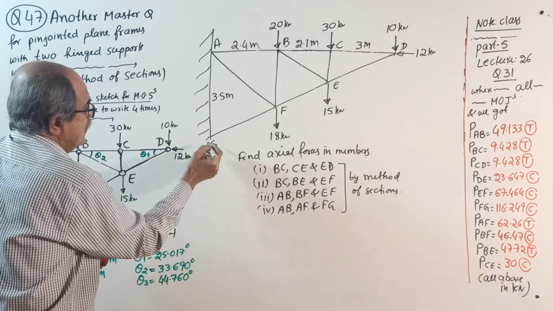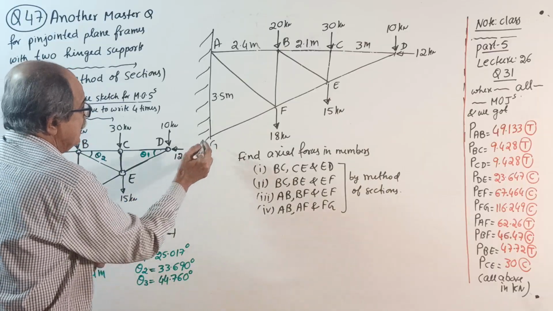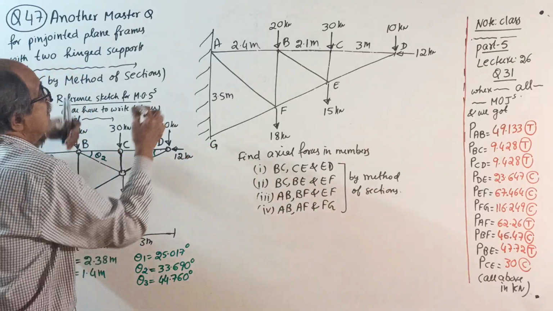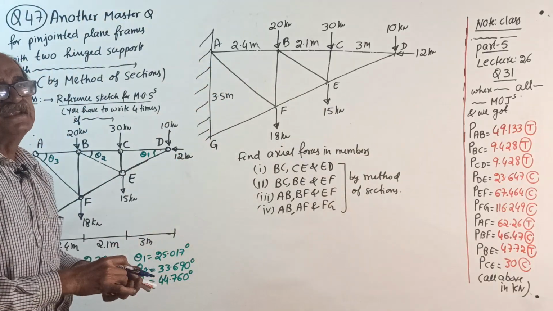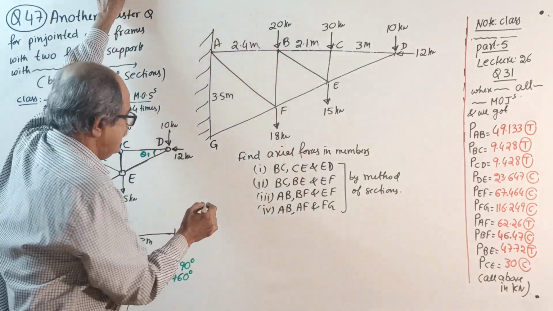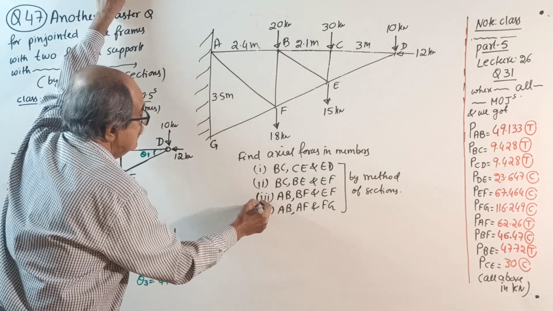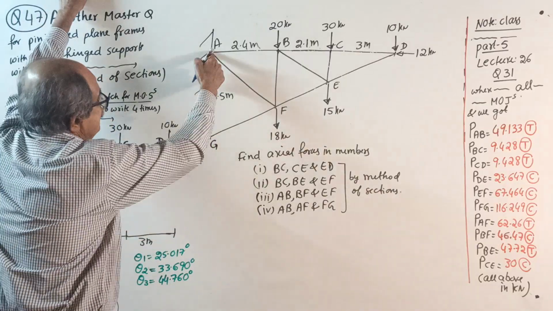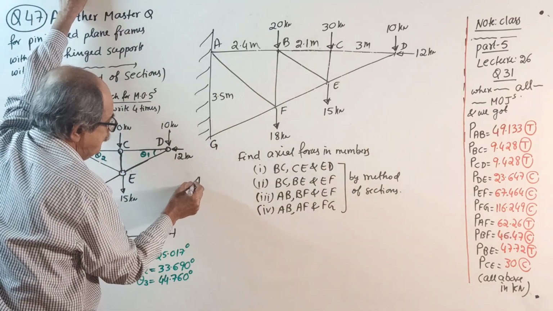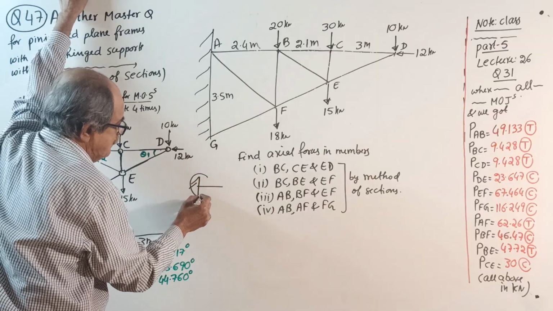Now do one thing. I already told you something, if you remember. This A and G, they are not fixed, like in a cantilever beam. This is not fixed like that, where you get a reacting moment.